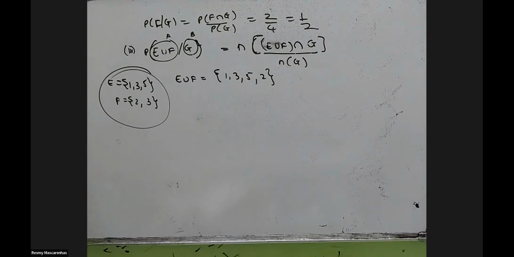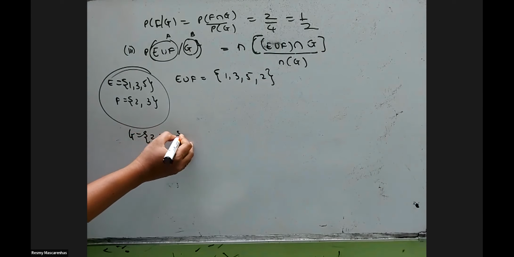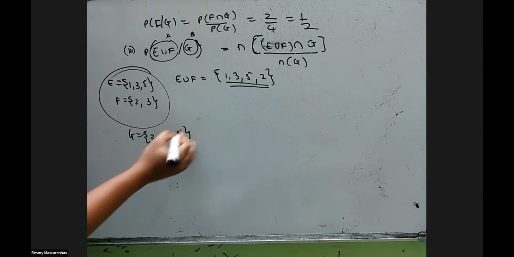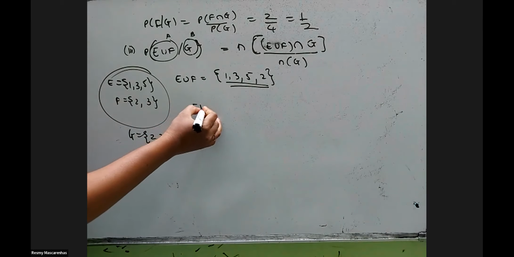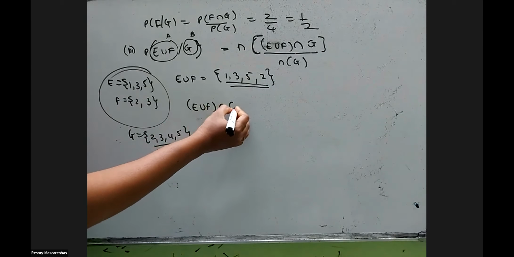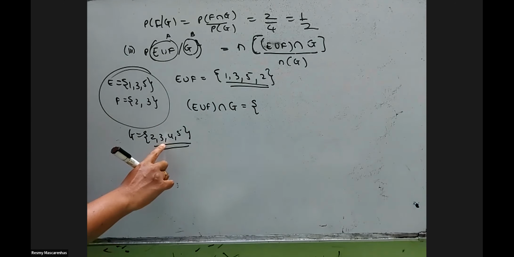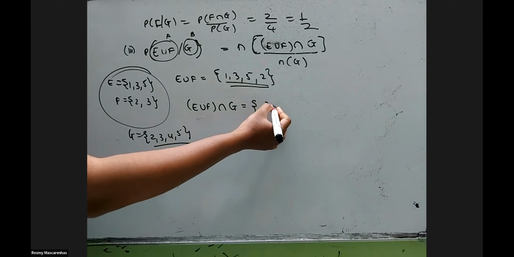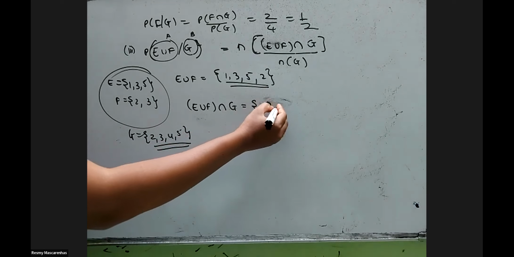So this is union. Now I want to see what is common with G. G is given as 2, 3, 4 and 5. So between this and this, which elements are common? So 3 is common, 2, 3 and 5 is common.